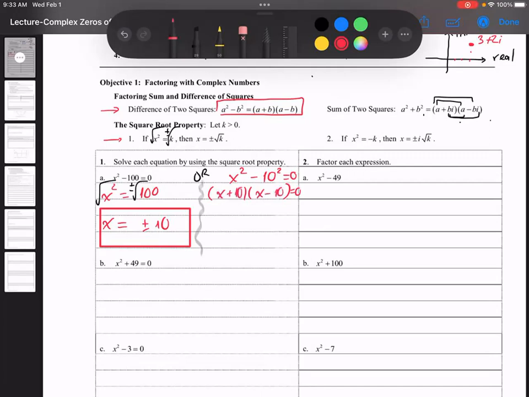What does it imply? Either x plus 10 equals 0 or x minus 10 equals 0. Right? So x equals 10 or x equals -10. You got the same answer. For me, I prefer the left method. It's just shorter. Less writing.